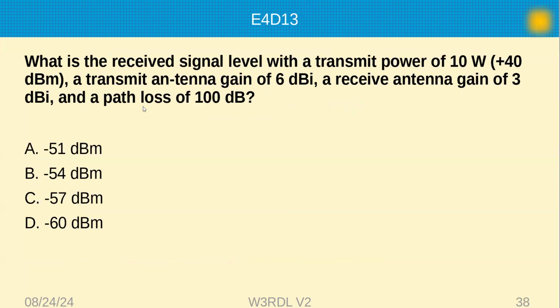What is the received signal level with the transmit power of 10 watts or 40 dBm, transmit antenna gain of 6 dBi, a receive antenna gain of 3 dBi, and a path loss of 100 dB?